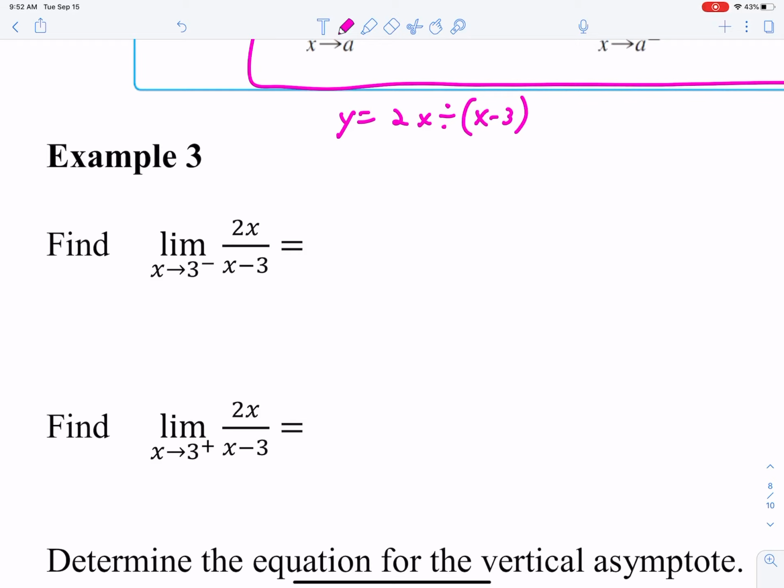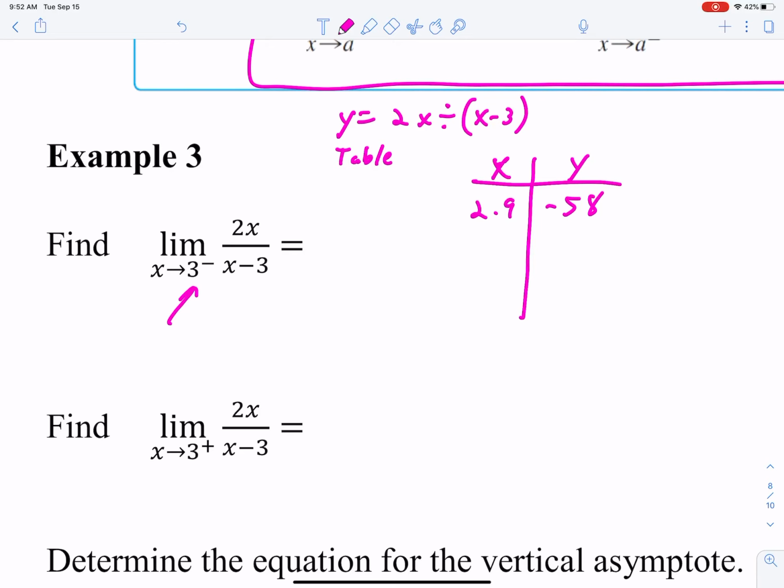All right, and then you can use the table function on your calculator. And if you do that, you'll get something that looks like this. So here's the x values, there's the function. All right, so plug in a 2.9. You should get a negative 58. Now, because again, we're approaching 3 from the left.